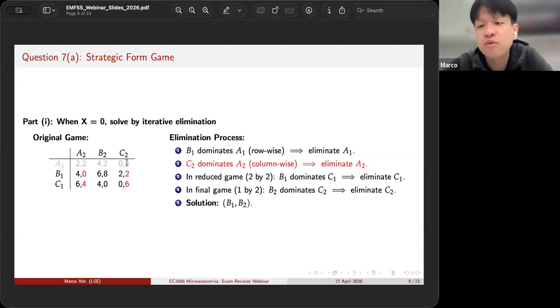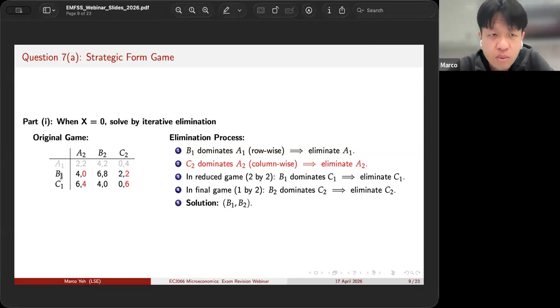Now I only have a 2x3 matrix. It could be easier. Let's see if we can eliminate more. Let's think about it as player 2. I won't play A2, because C2 is better than A2. Why?